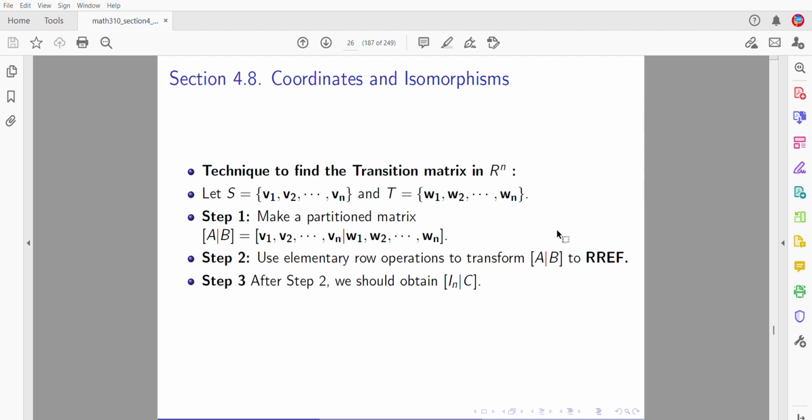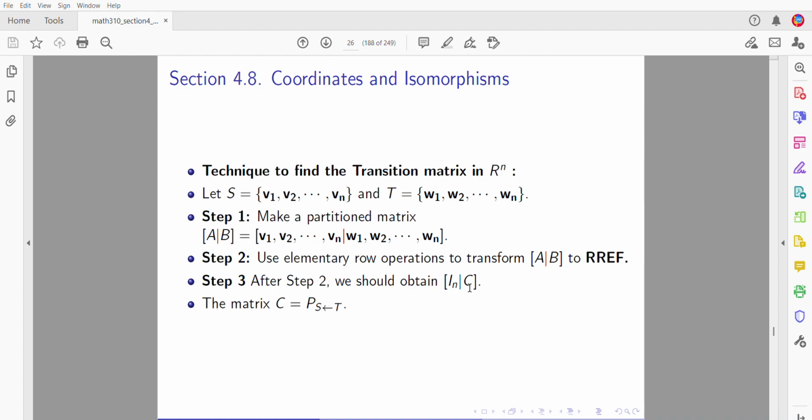After you get reduced row echelon form, you see, I am in Rn with n vectors, and this is a basis. So its reduced row echelon form is the identity matrix. You should get the identity in the first partition. The second one is the transition matrix from T to S. So notice T vectors were here. T to S, that is the second matrix.